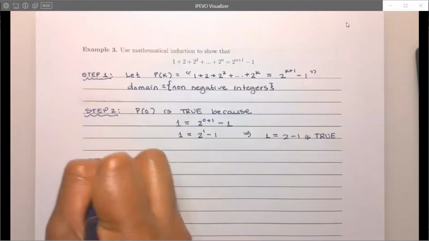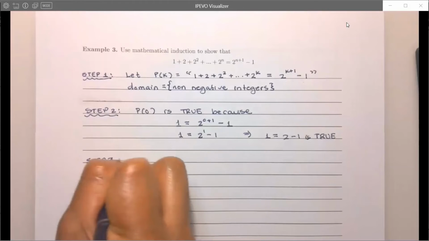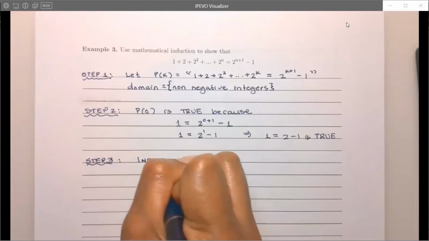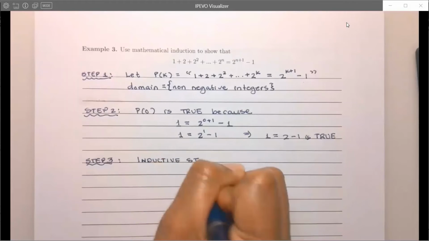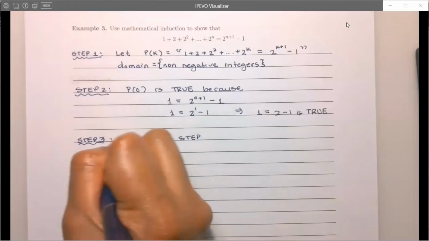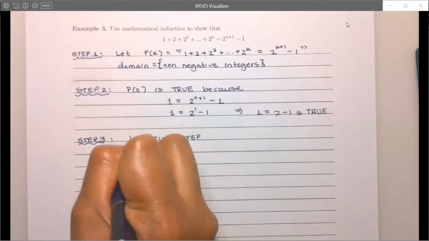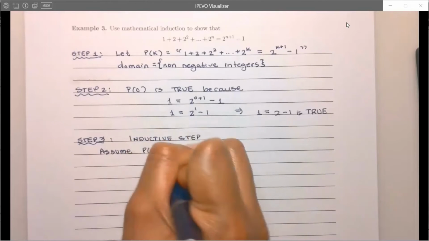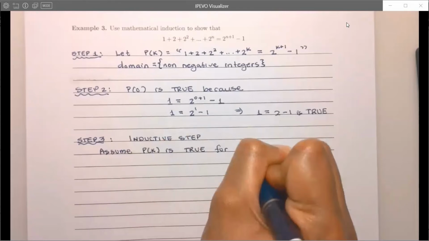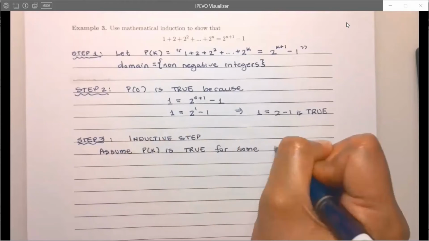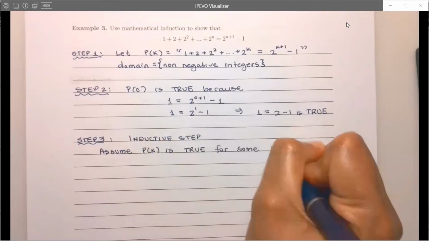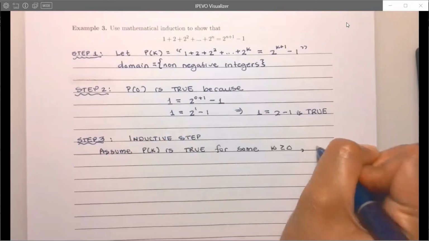Now let's show the inductive step. For the inductive step, we're going to assume P of k is true for some non-negative integer k, so for some k greater than or equal to 0, where k is an integer.